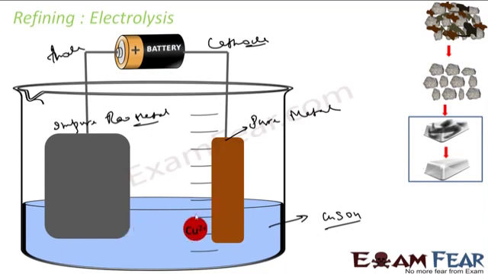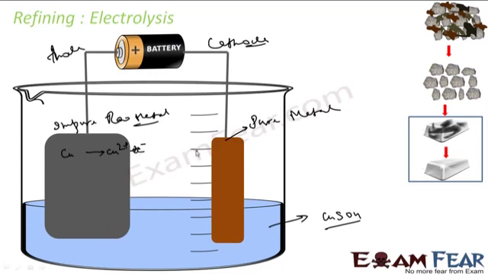Copper 2+ will flow from left to right. At the anode, I have copper metal, which will form copper 2+ and electrons.